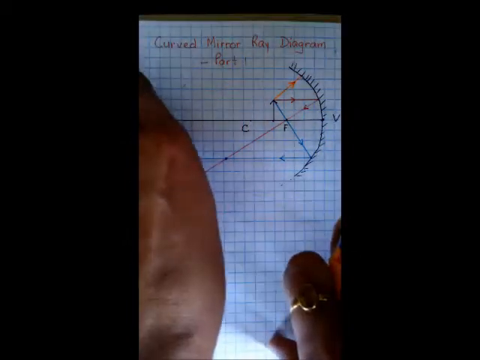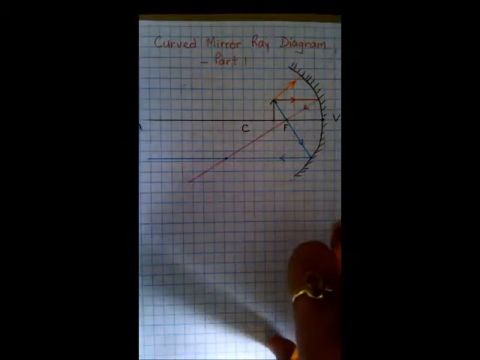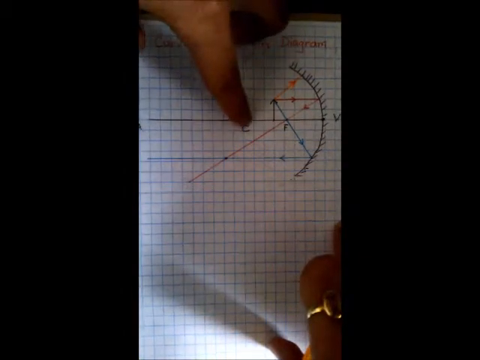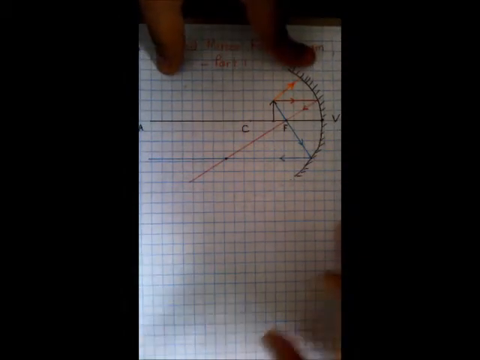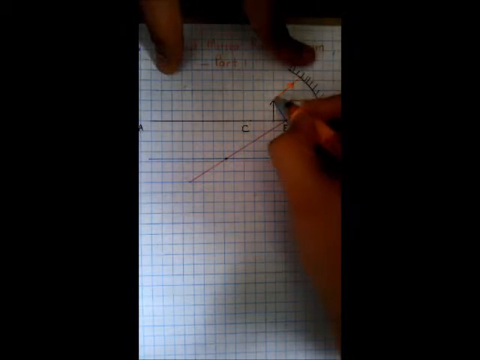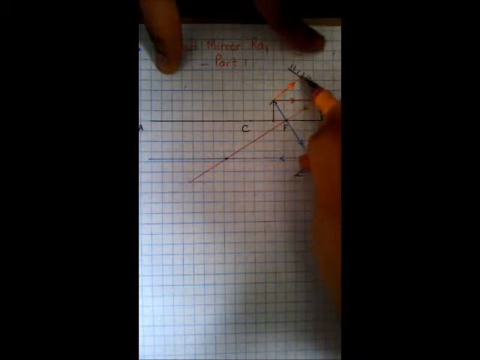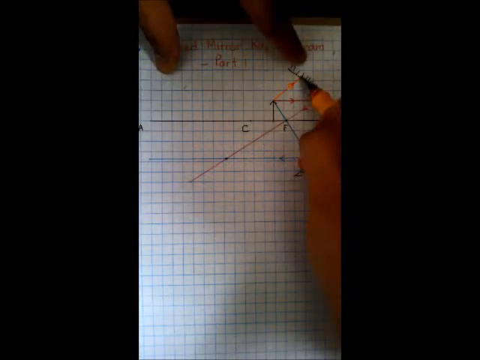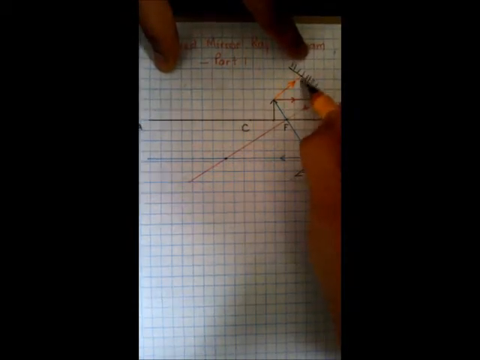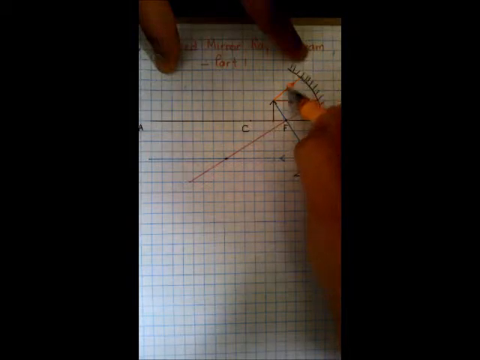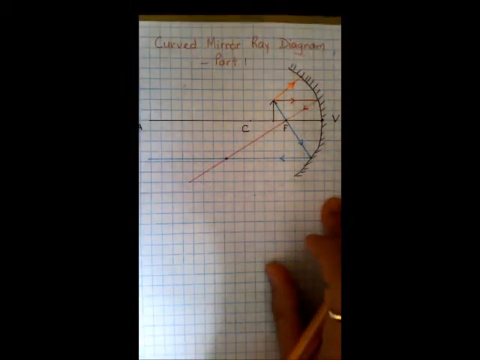Now this ray, this incident ray that hits the mirror through the center of curvature will actually reflect so that it will retrace its own path. So after being reflected off of the mirror, this ray will not travel in any other direction. It will actually retrace its own path.